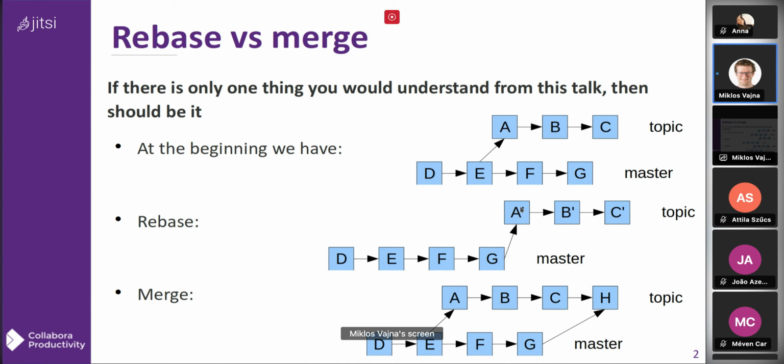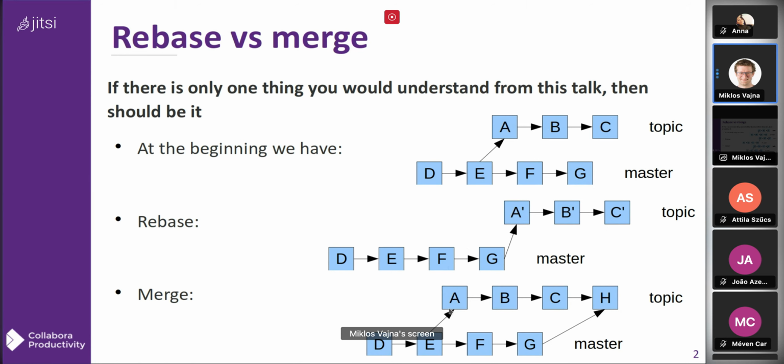So we create a new A prime, B prime, C prime commit, and with that you get a linear history. This has the downside that there was the old A and there is the new A commit. So there are 2 versions or many versions of the same work. But the benefit is that there is a linear history, and that, of course, makes reasoning much easier.